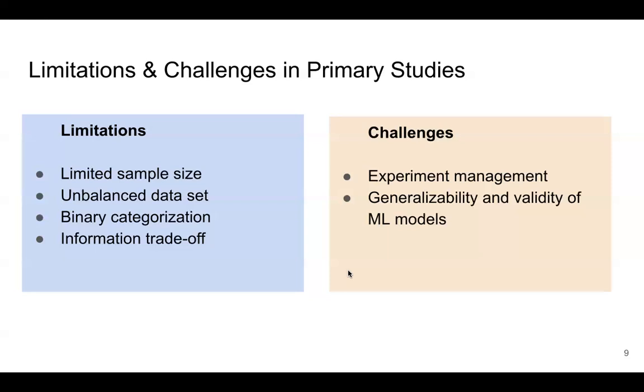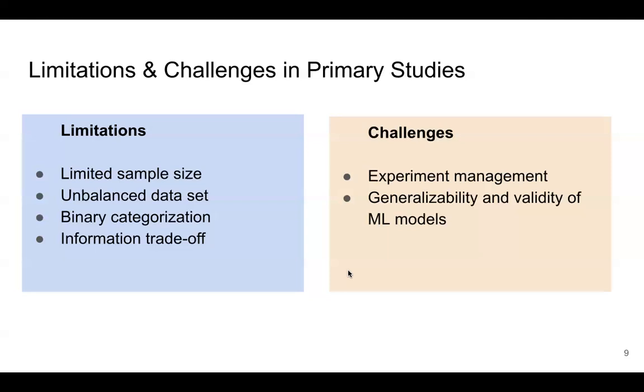The second limitation is unbalanced data set. This refers to the underrepresentation or absence of a certain participant cohort in the data set. The third limitation, binary categorization. This refers to the potential risk of oversimplification of both programming expertise prediction and task difficulty prediction.